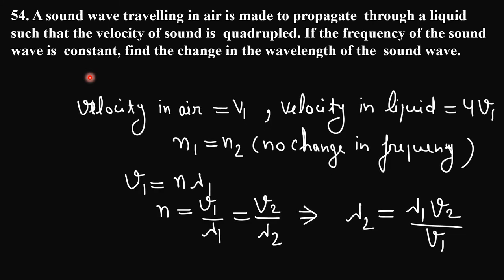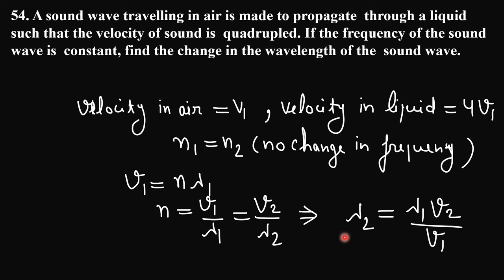So here is the solution. What is given in the question? In air, if velocity is v1, then velocity in liquid will be 4v1. What else is given? n1 is equal to n2. Velocity v is equal to n lambda. From here you can find out the frequency. And frequency is constant for both the waves. So you can write v1 by lambda 1 is equal to v2 by lambda 2.